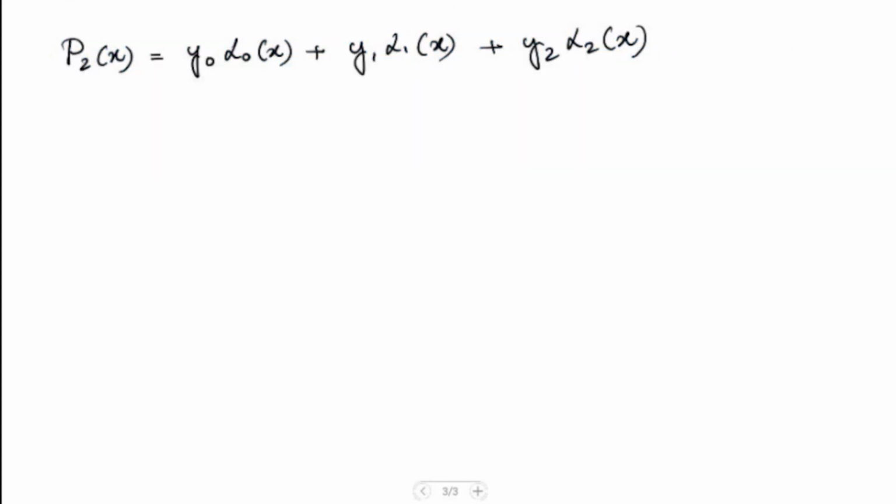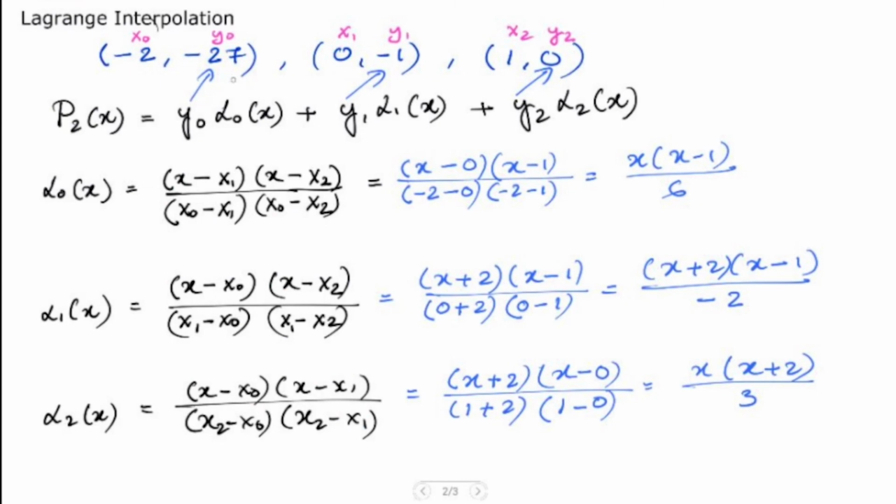Now for y0 the value is minus 27, y1 is minus 1, and y2 is 0.